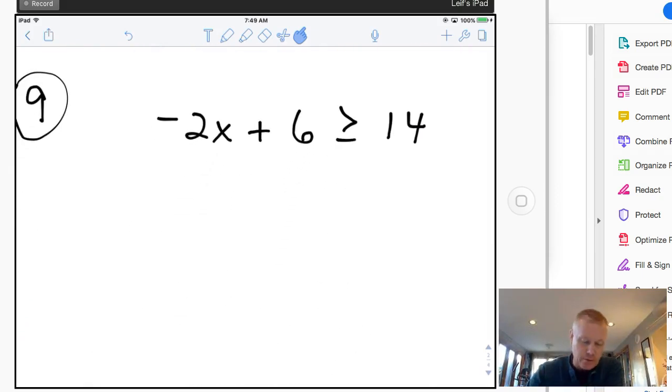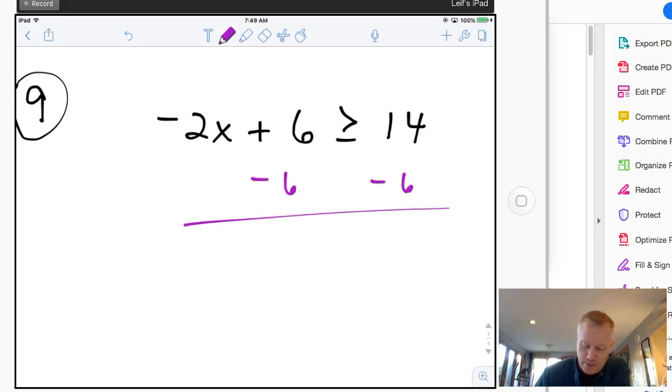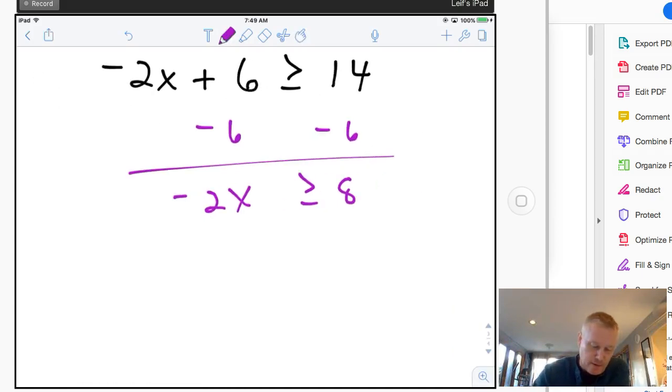Next one, I think I got about 2 more here. So this one, solving it, treat it like an equal sign. The first thing I'm going to do is get rid of that +6. Opposite of adding 6 is subtracting 6. 14 minus 6 is 8. So I got -2x is greater than or equal to 8. And next I'm going to divide by what's in front of the x, which is the -2.